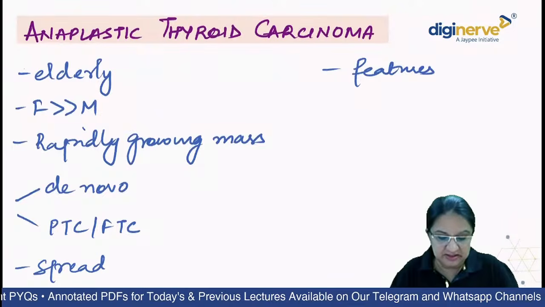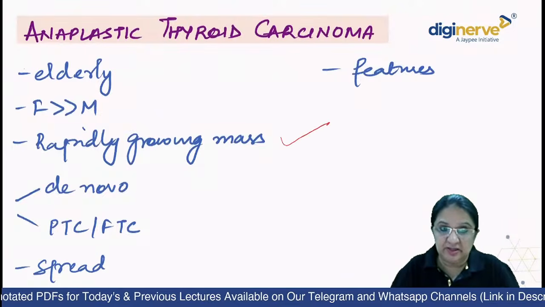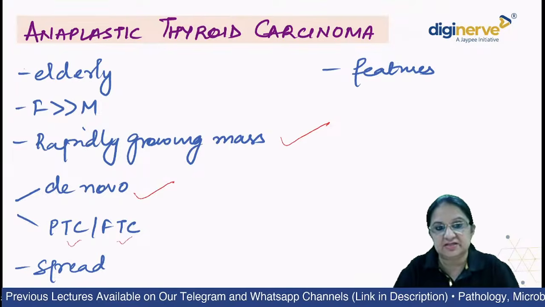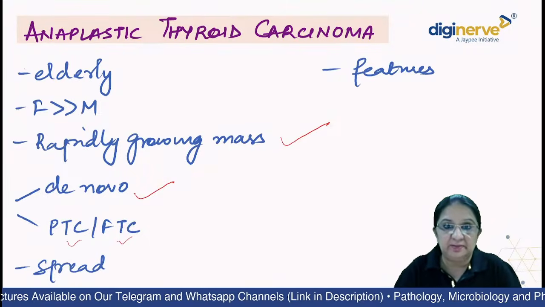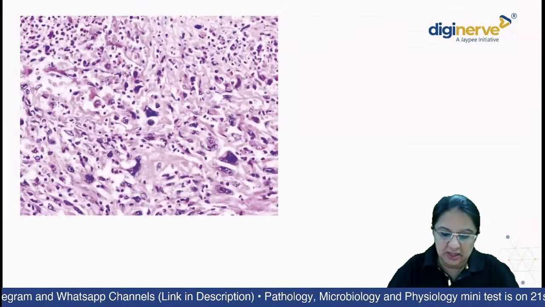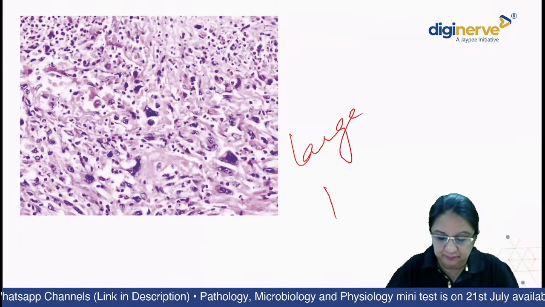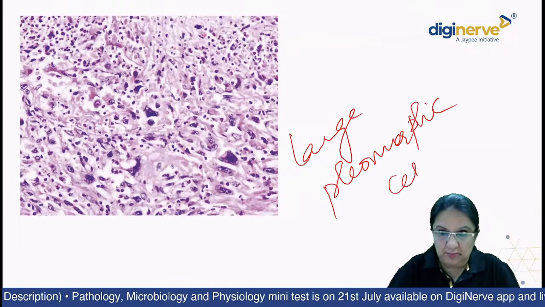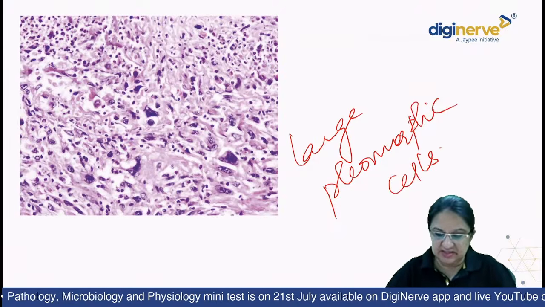Then anaplastic thyroid cancer, it's a rapidly growing mass, can arise de novo, or your papillary or follicular cancer can progress to anaplastic thyroid cancer. Then you see large pleomorphic cells here.